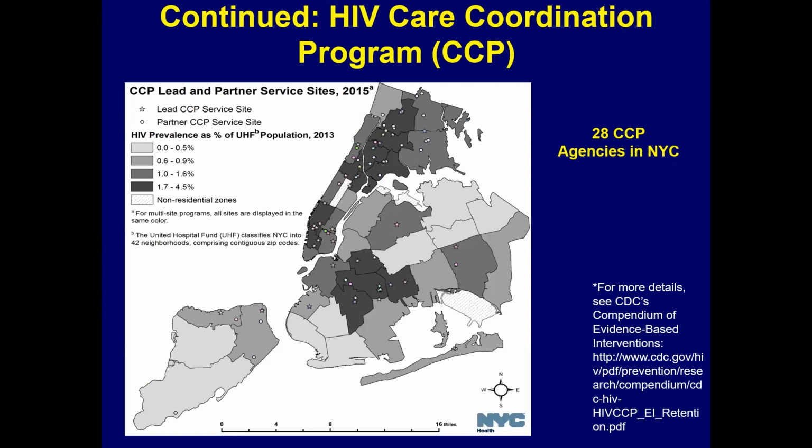This program targets patients at high risk for suboptimal HIV care outcomes, including those who are out of care, those with a history of irregular care, or those having difficulties with medication adherence.